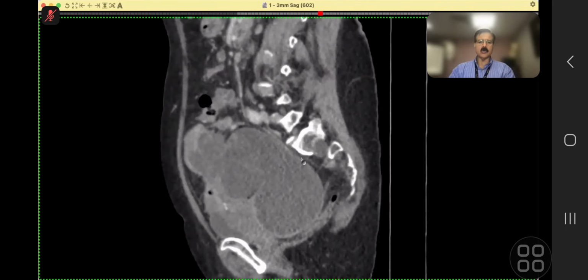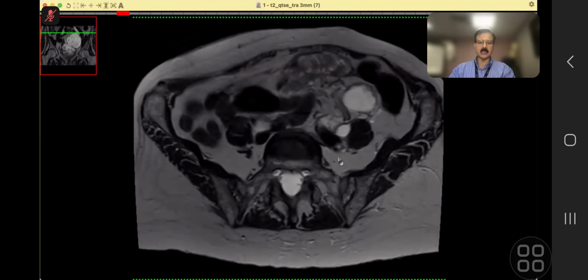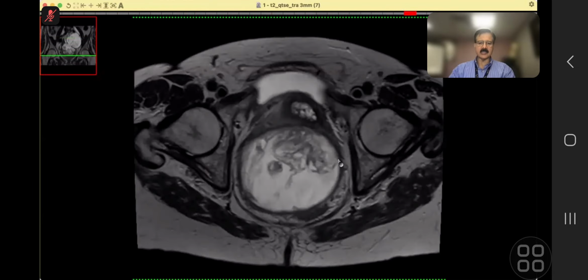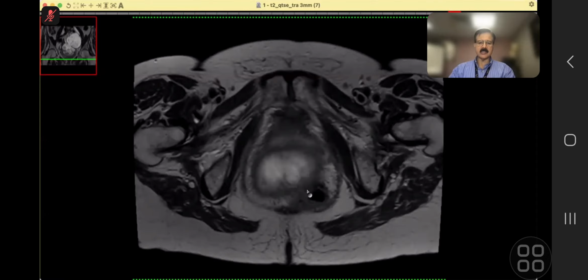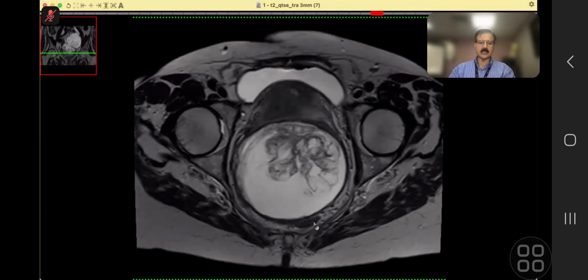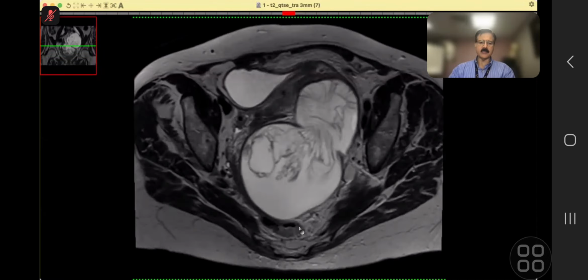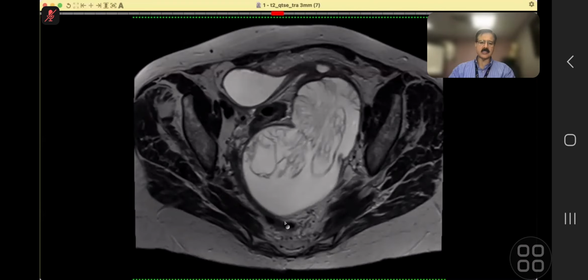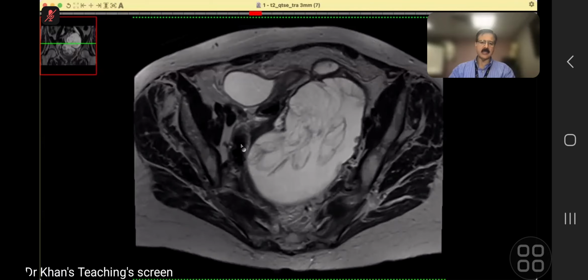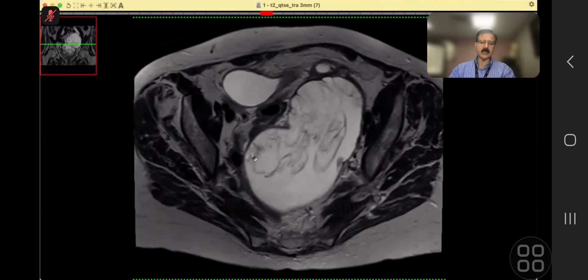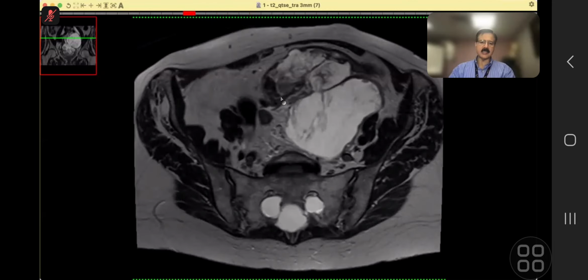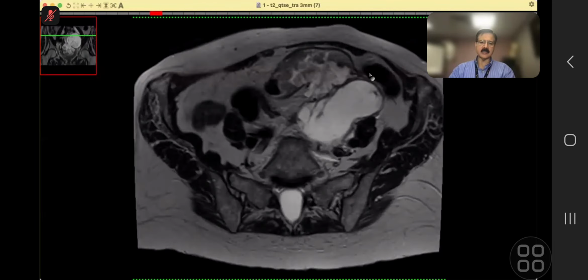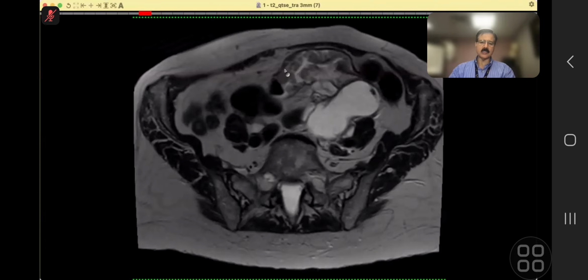Now, we go to the T2 weighted axial. Again, where my mouse is, is the rectum. And then you can see displacement of the sigmoid to the right side. As we go superiorly, you can see this mass here. And now this is very impressive.